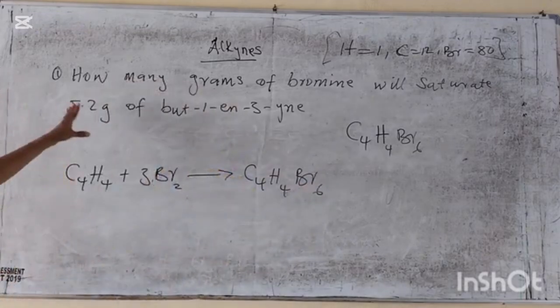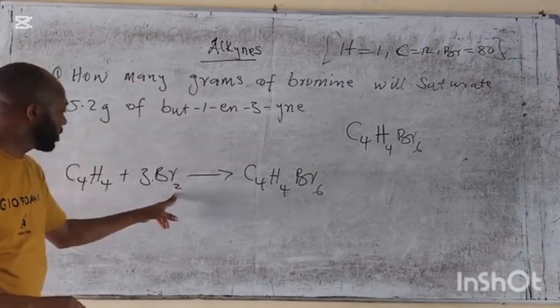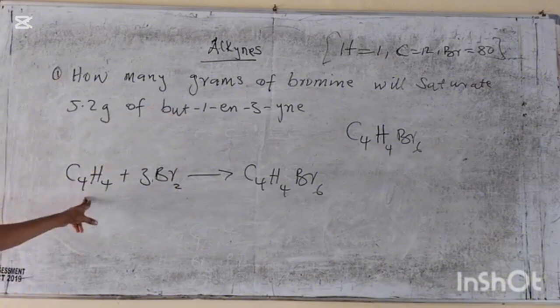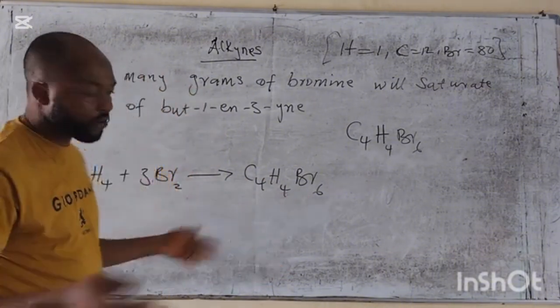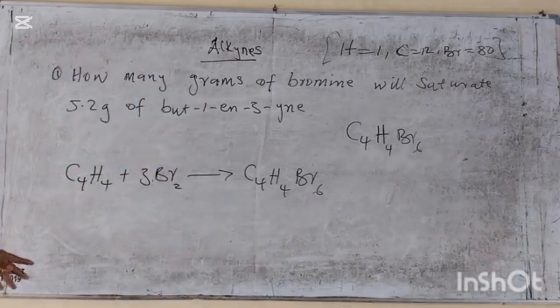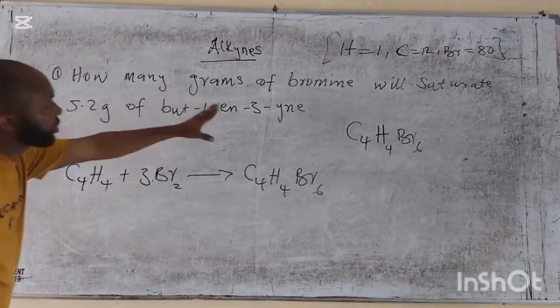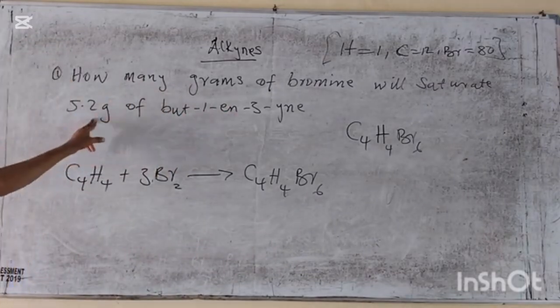This is the amount of bromine that will react with 1-butyne to give us this. Now, equation of reaction. Let us now solve. They say how many grams of bromine will saturate 5.2 grams of this.